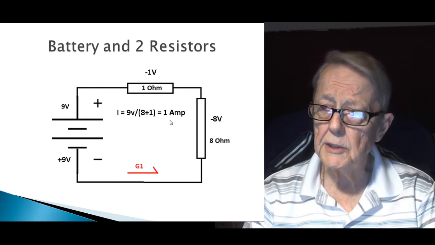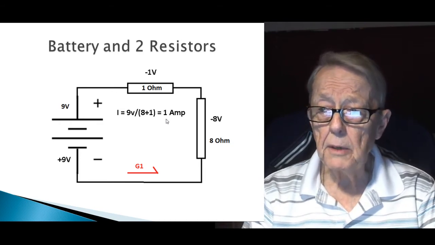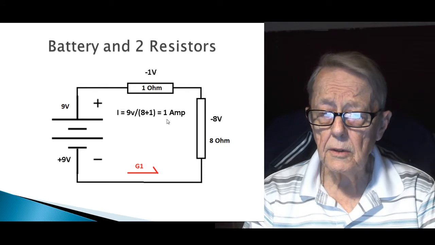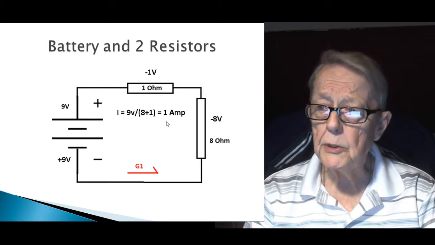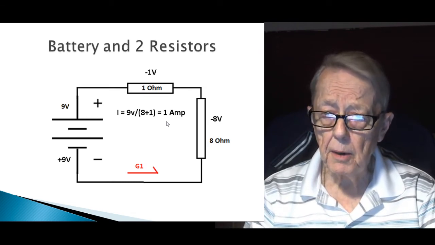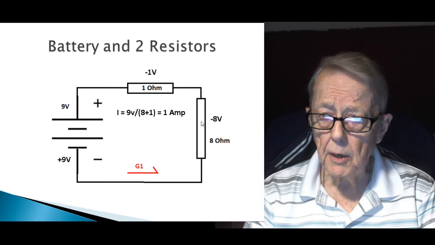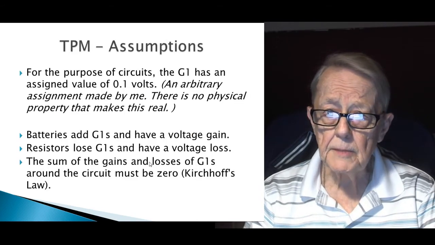Nice, clean, simple answers, straightforward, and when you build it this way, you'll get numbers like this. So this is what you expect to have, and let's see what the particle model says when we start showing G1s flowing through the circuit.